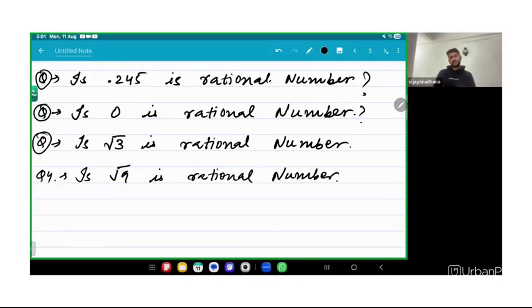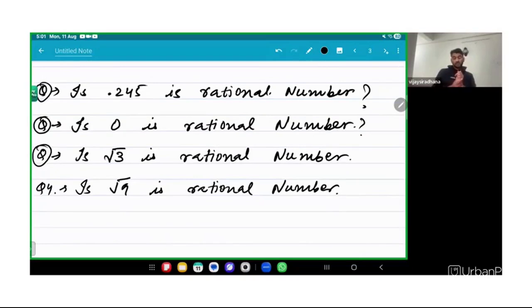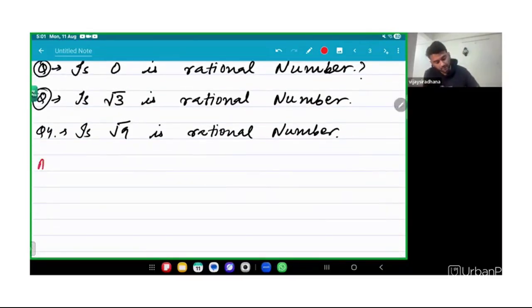Let's break down the first question: is 0.245 a rational number? The answer is yes, it is a rational number. How? You can write 0.245 as 245 divided by 1000.